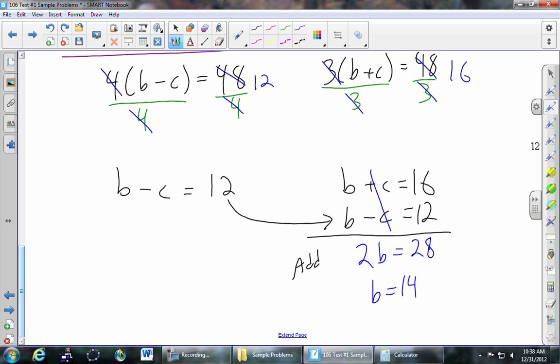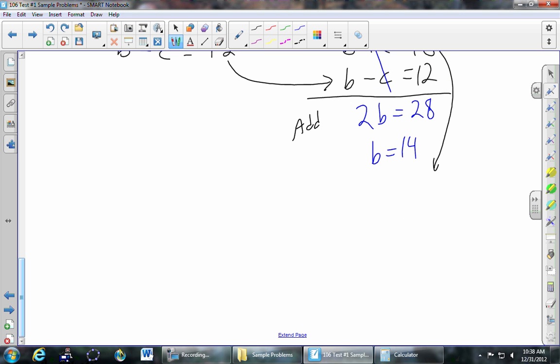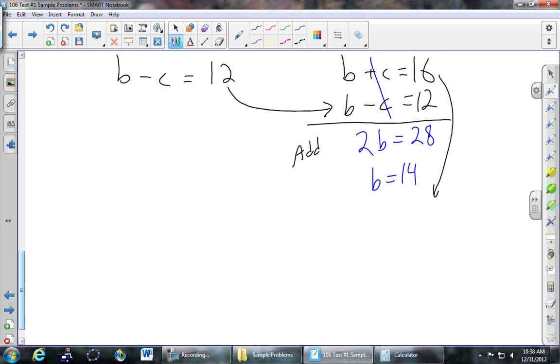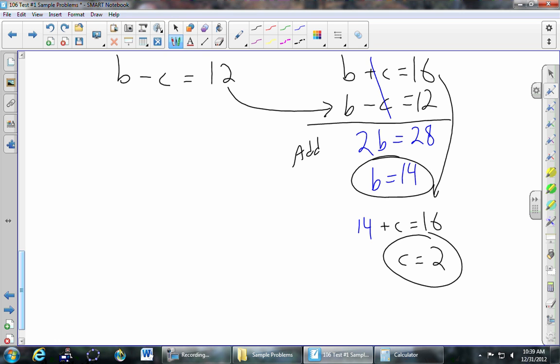And then to figure out what c is, use either of the simple equations. We know that b plus c is 16, but we just found that b is 14. Subtract 14, we get c is equal to 2. So much, much better if it happens that you see that shortcut.